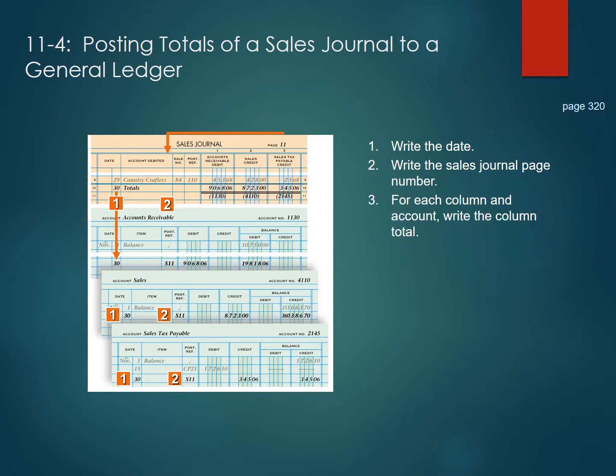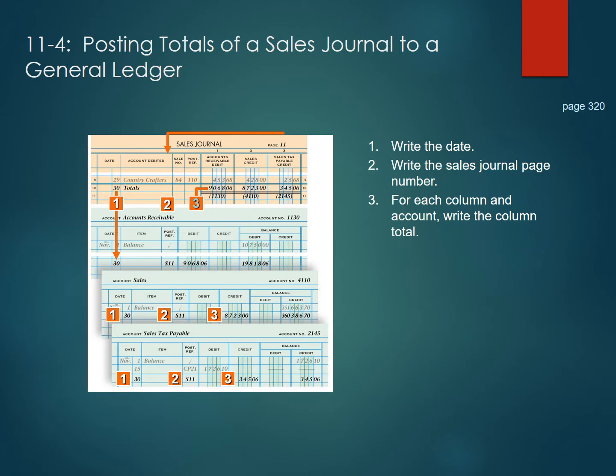Then we will determine our new debit balance. The last step is to go back to the sales journal, underneath the accounts receivable debit column after the double ruled line, and record in parentheses the account number.